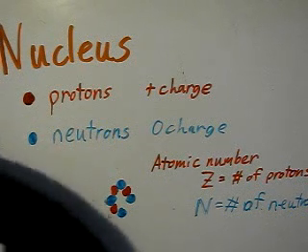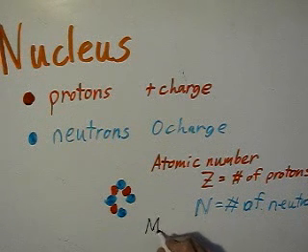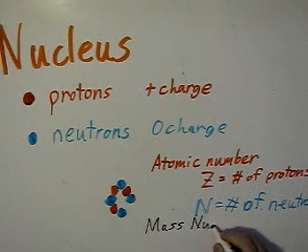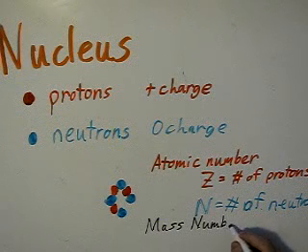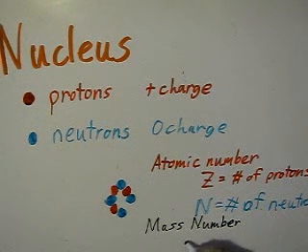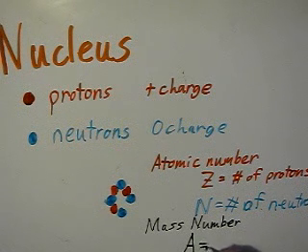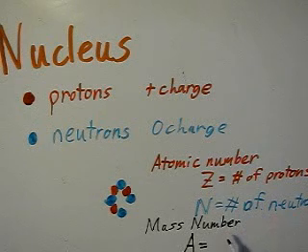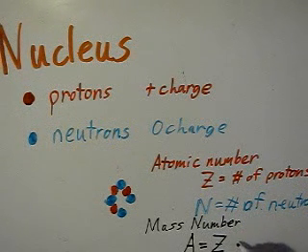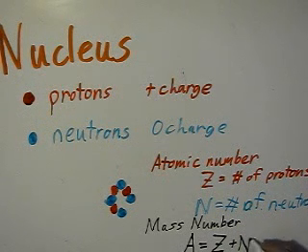And then finally we have another number which is called the mass number, because it primarily determines what the mass of the nucleus is. And the mass number, we give the letter A, and that is the sum of the number of protons and the number of neutrons. So we could write that the mass number is Z plus N.